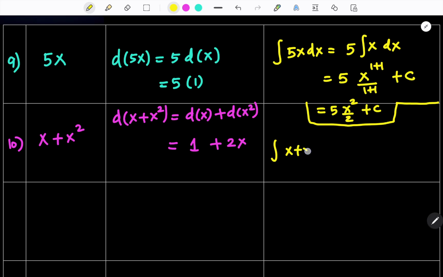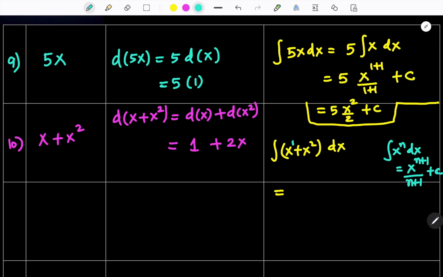The integral of x plus x square times dx equals, I told you the formula for integration, what is it? The integral of x power n dx is equal to what? x power n plus 1 divided by n plus 1, plus integrating constant c, right? So the same idea I'm going to follow.